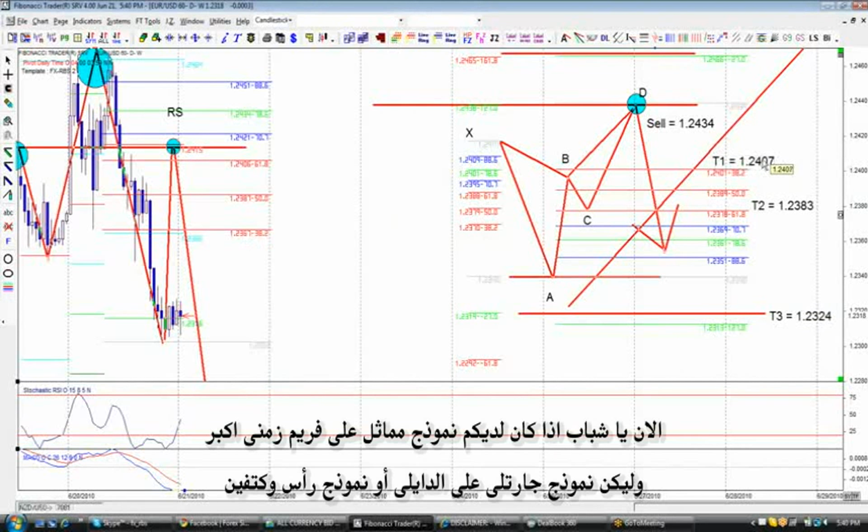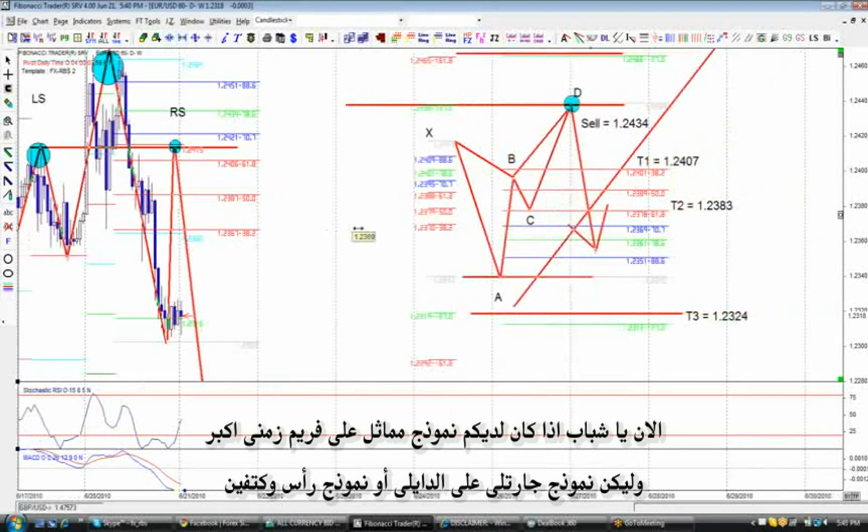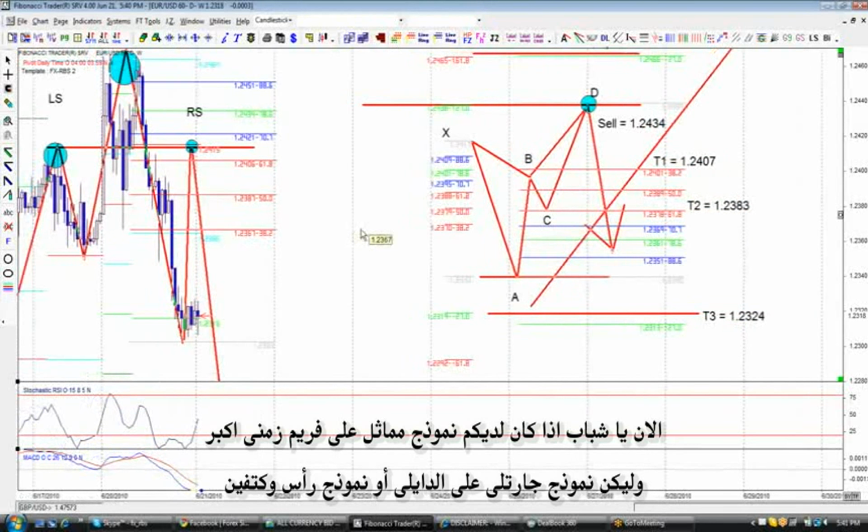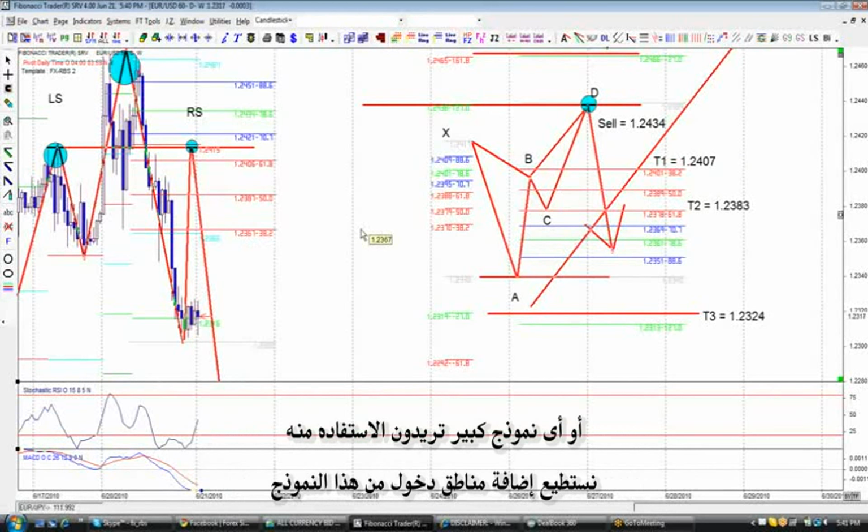Now, if you guys have a pattern on the big time frame, let's say it's daily Gartley or maybe head and shoulders, or a big pattern that you want to profit out of, you can add some positions as limits for that big pattern.